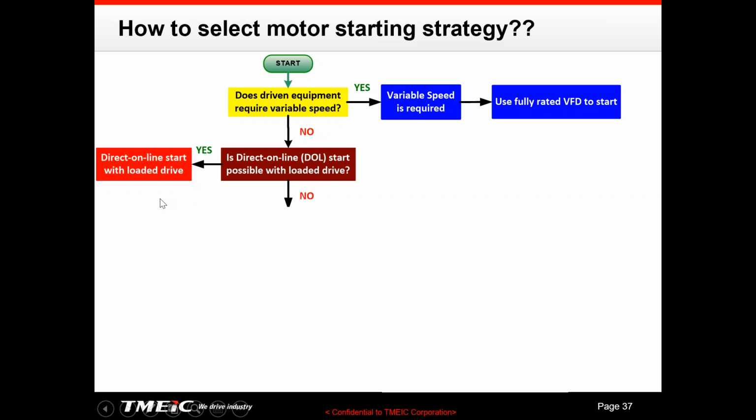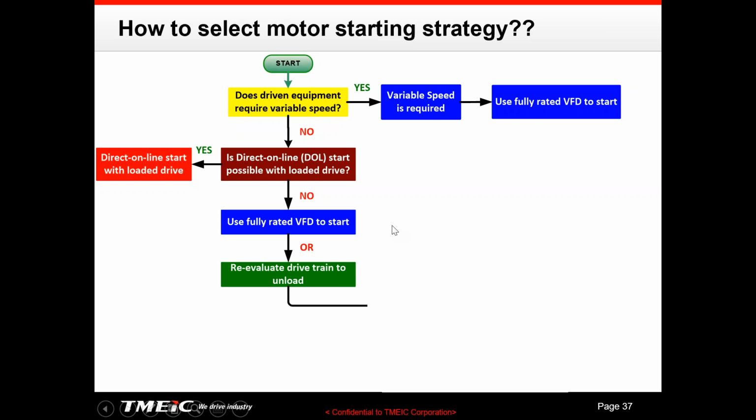If yes, we can design the motor for the fully loaded condition. If not, we can use a full-time VFD, or we can ask the OEMs, EPCs, and end users to please relook at the application and advise us if we can use an unloaded curve to design our motor.